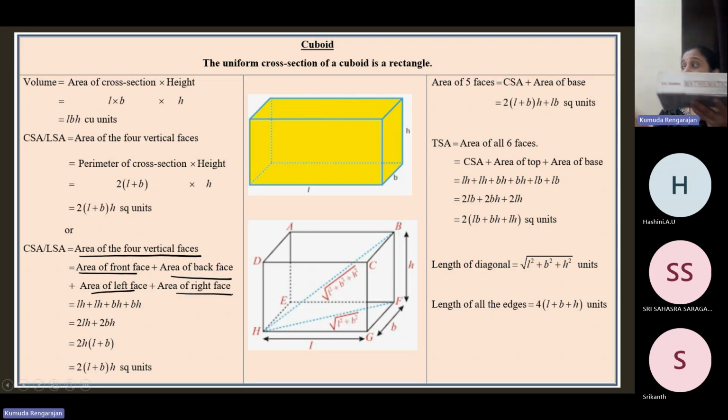Not the top face and the bottom face, because if you include the top and bottom face, then it's the total surface area. Top and bottom are the horizontal faces. They are sleeping. How many faces are vertical, standing? 4. So we are trying to understand the 4 standing or vertical faces. So the front face here.